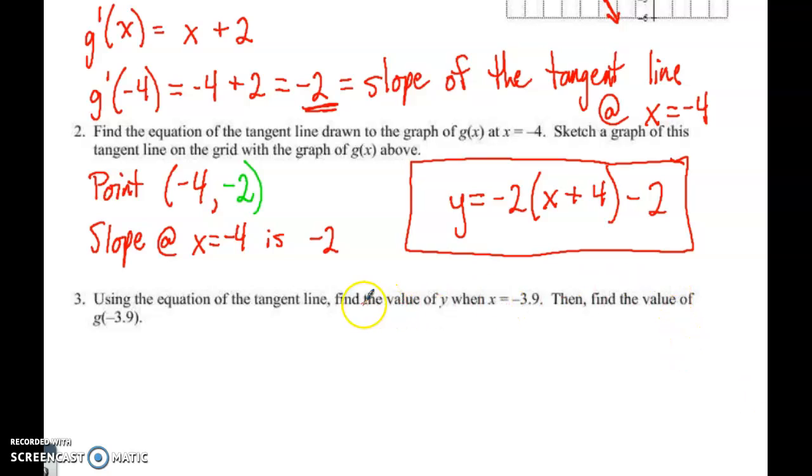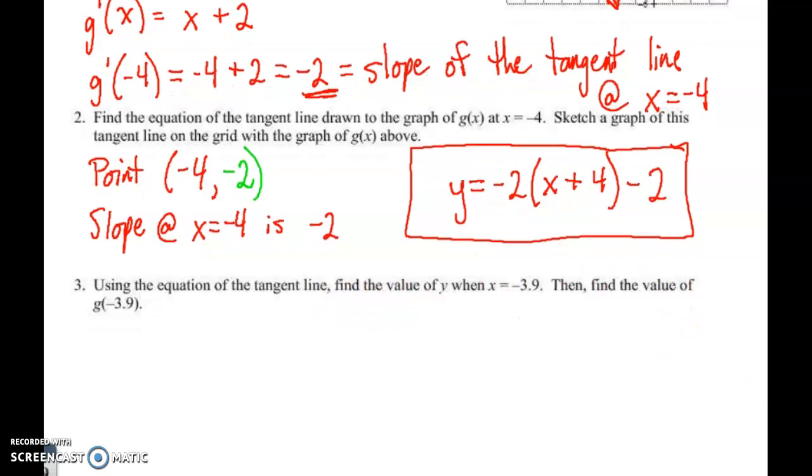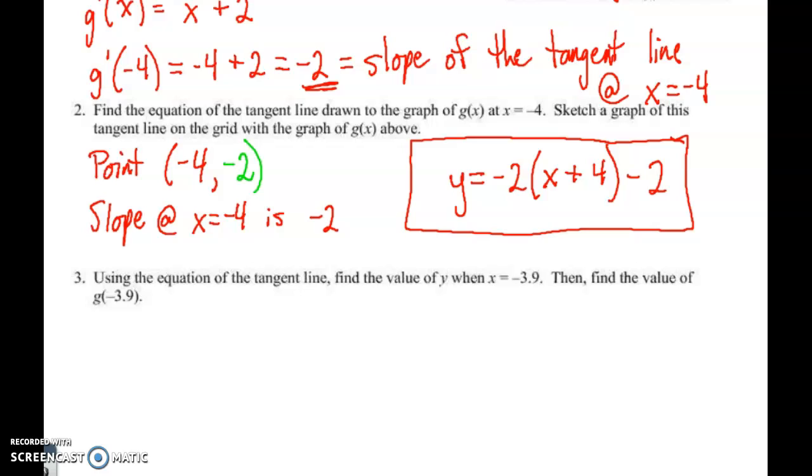So now what we can do is we can approximate what a value would be. And this is actually what they used to do to figure out square roots and stuff before calculators. We can now approximate the value of g of -3.9 by using our tangent line.